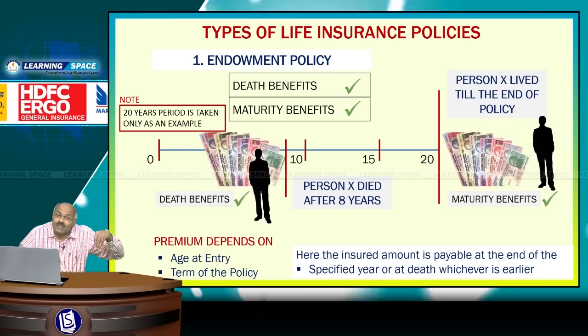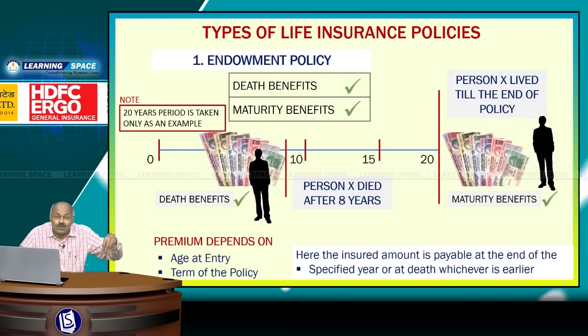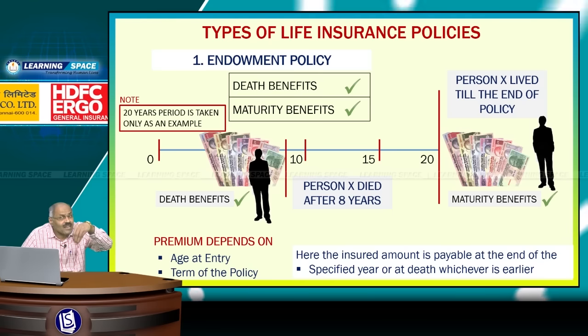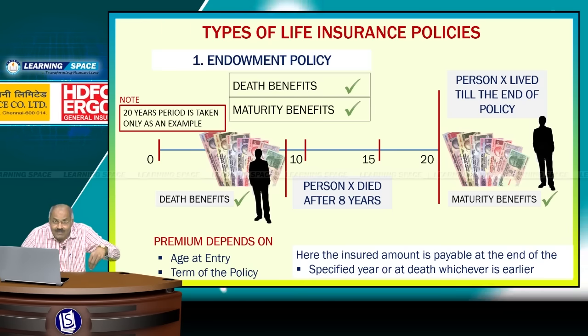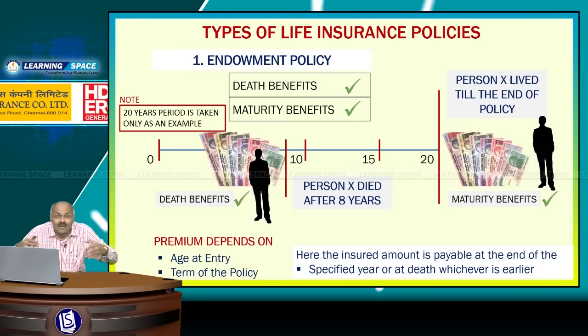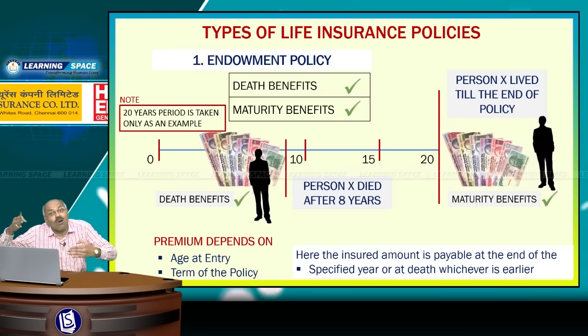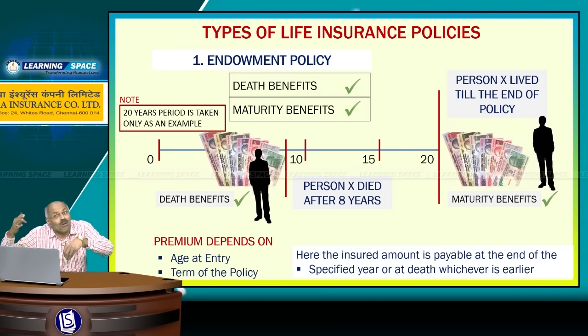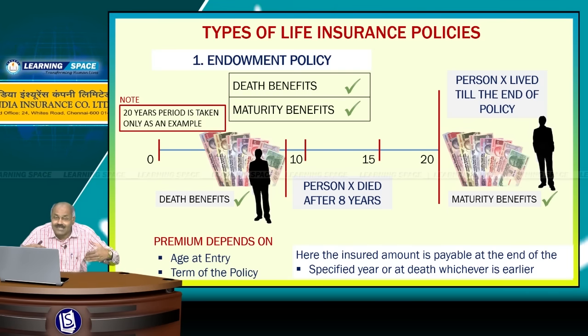Basically, the concept of insurance is to act as a risk mitigation mechanism. That's why the family will get death benefits if the person X dies after 8 years. But what will happen if the person lives beyond 20 years? The person lives beyond 20 years, in most of the cases it will happen.